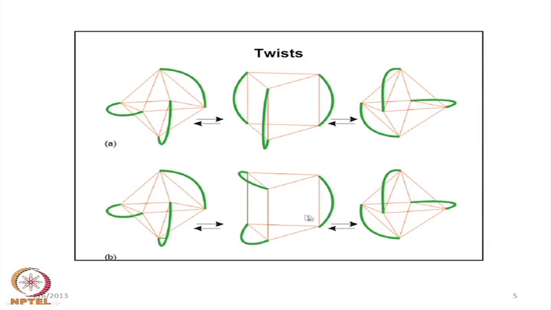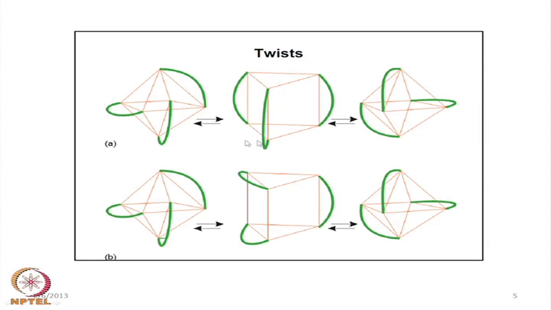And there also, if the movement is continuous, that means from the trigonal prismatic arrangement to the anti-prismatic arrangement, and that movement goes further, we get the other form.